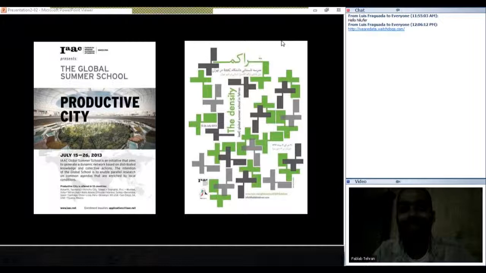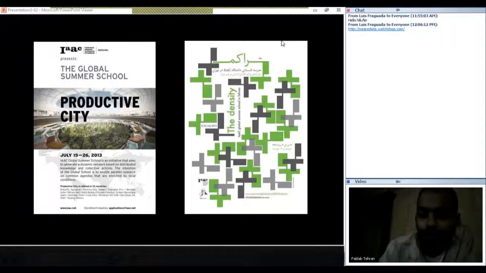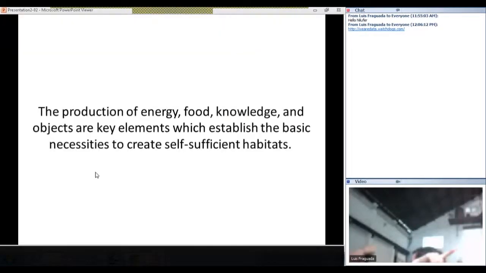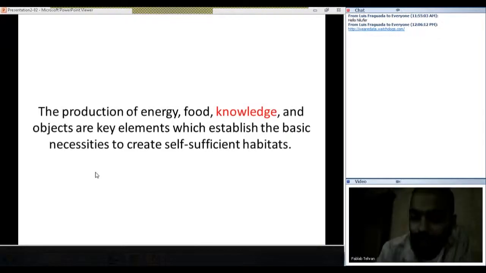So I'm going to introduce you to the IGSS 2013, which we have called the density. When you see the definition of the productive city, the IGSS 2030, you will see that it's about the production of energy, food, knowledge, and inhabitants. But what we have chosen in the IGSS Tehran is about knowledge.